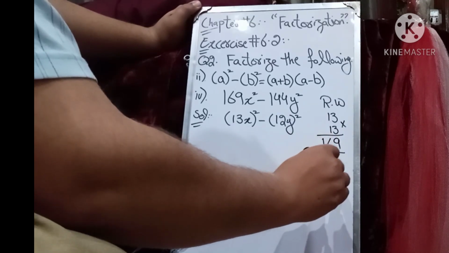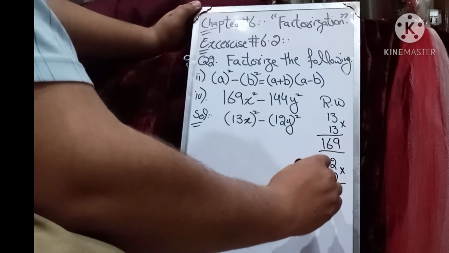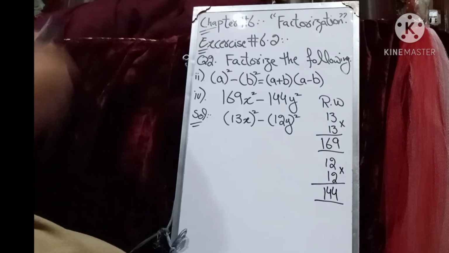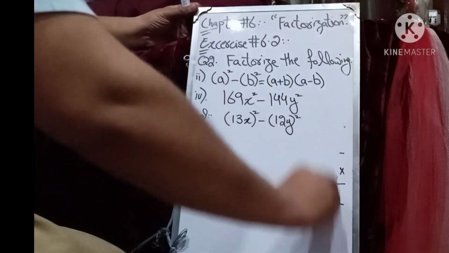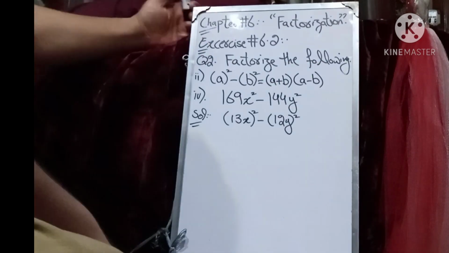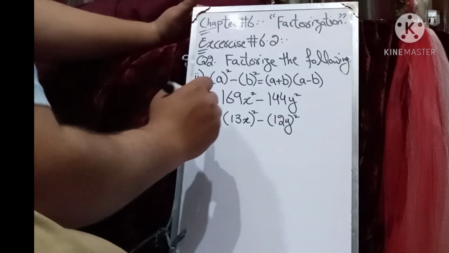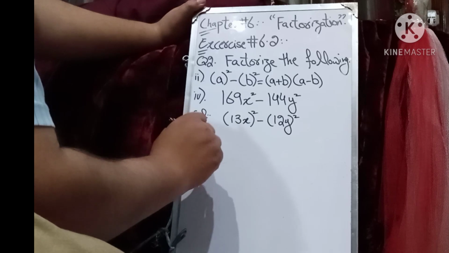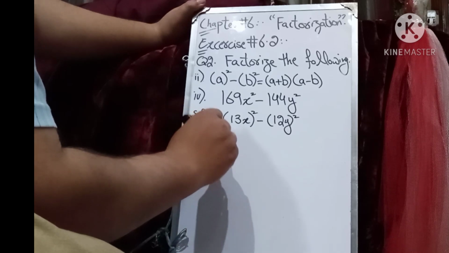You can check in the rough work that 13 multiplied by 13 is equal to 169 and 12 multiplied by 12 is equal to 144. So you can write these factors. Again this becomes like the formula of a square minus b square.